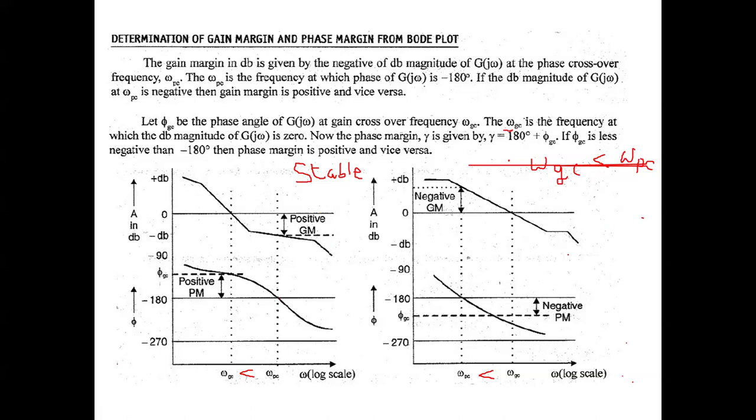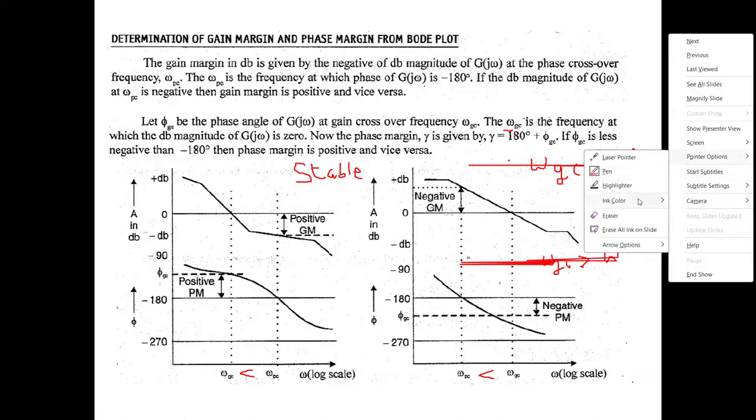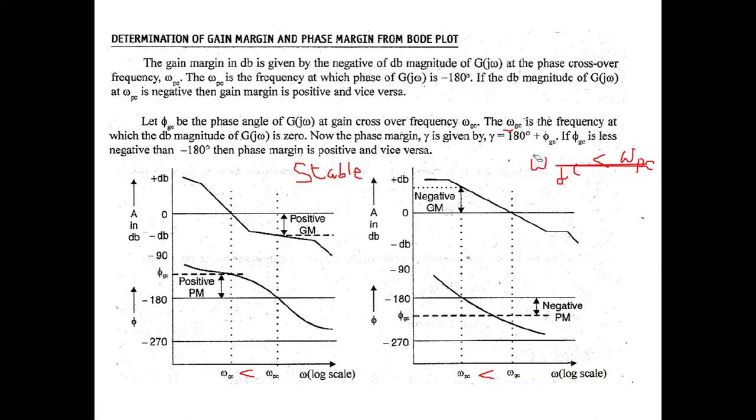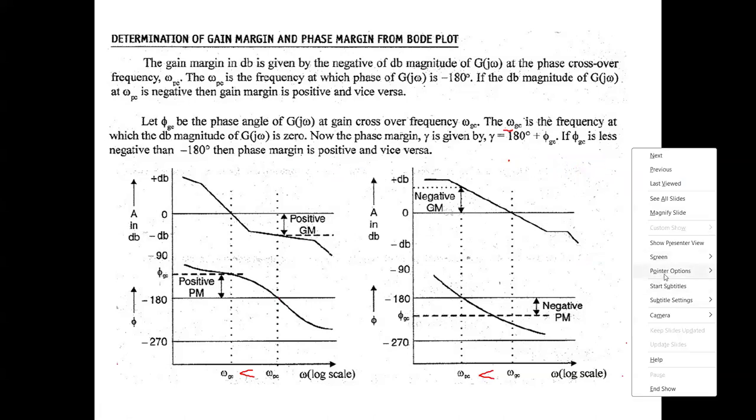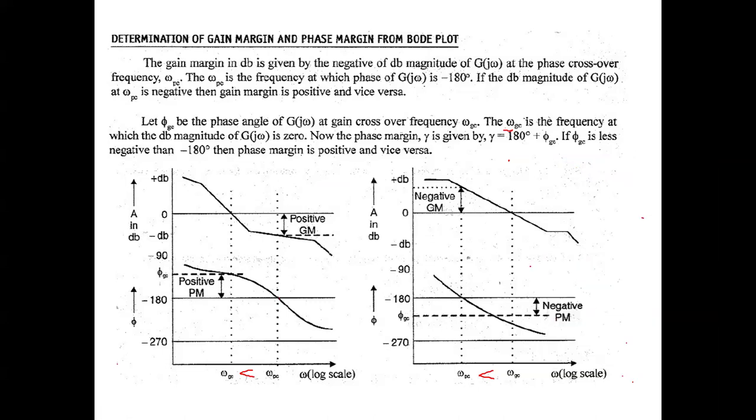Suppose omega GC value is greater than omega PC.